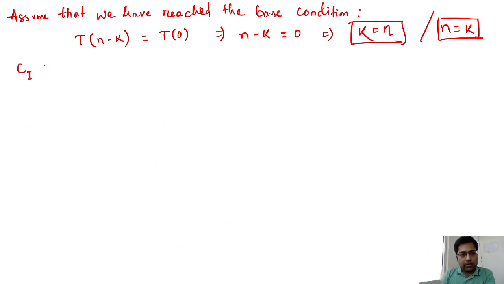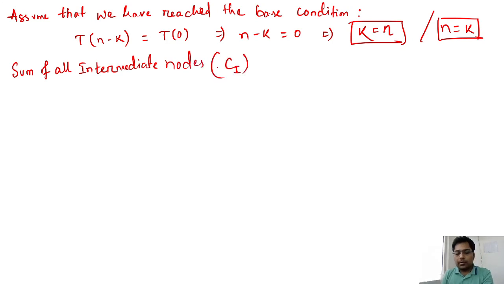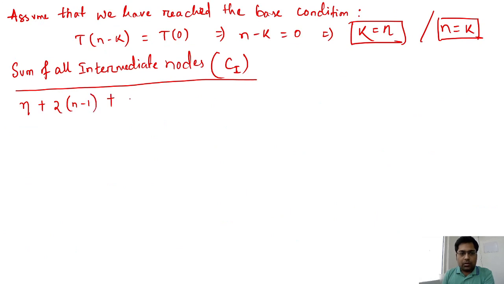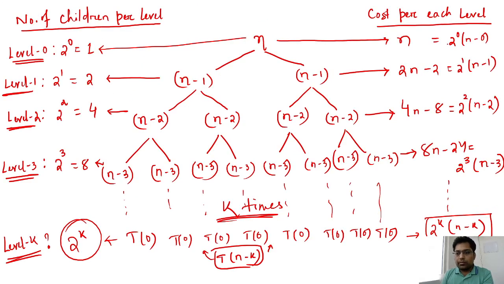First you can find out C of I. Ci, I must write it, the sum of all intermediate nodes could be written as C of I. C of I is, first is n, then it will be added with 2 n minus 1. Next, 2 to the power 0 is 1 and n minus 0 is n, so it is n by default, that is why I'm writing it.